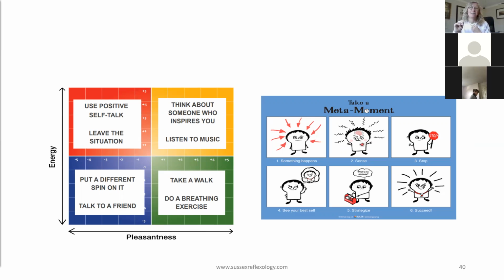Are we more likely to spend a lot of time in the blue quadrant, or in the red quadrant? And if we are faced with adversity and a challenging situation, does that move us out of the green zone into the red zone? And then how do I get myself back into the green zone?